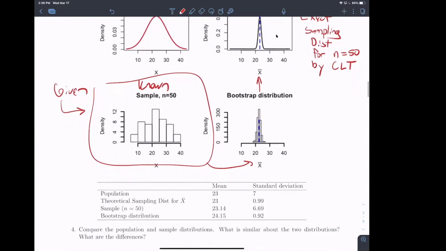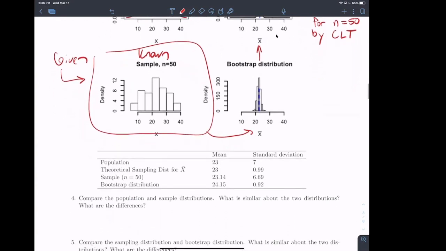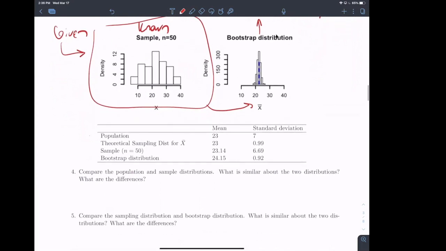I'm going to do a proof by example here, just to look at what happened in this example when we compare the sample and the population. We can see that they're pretty close to each other.